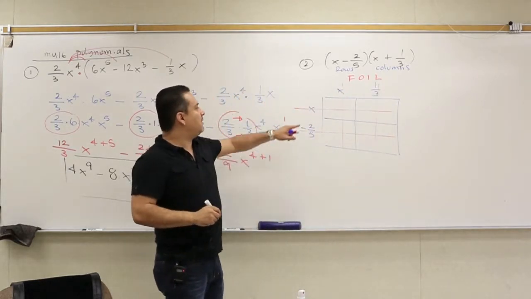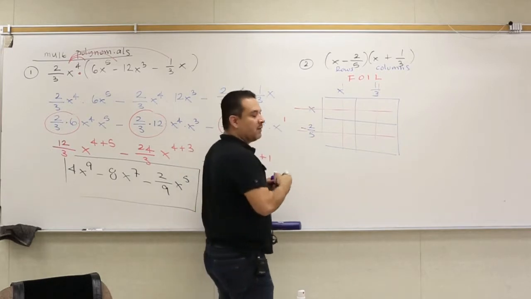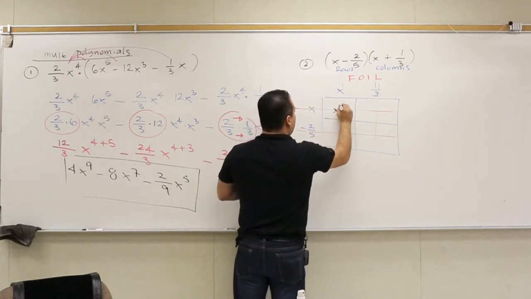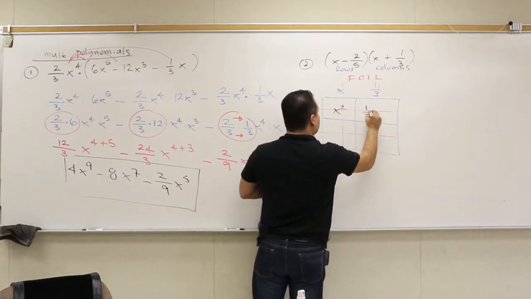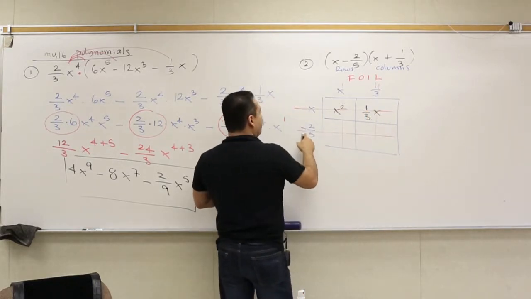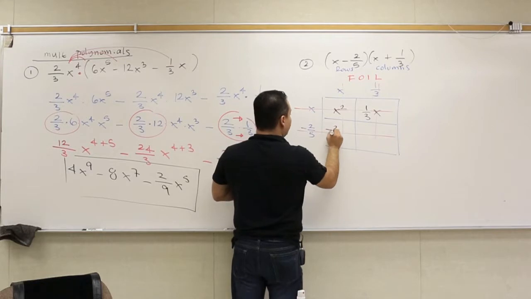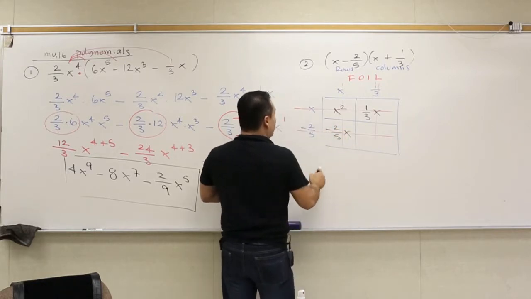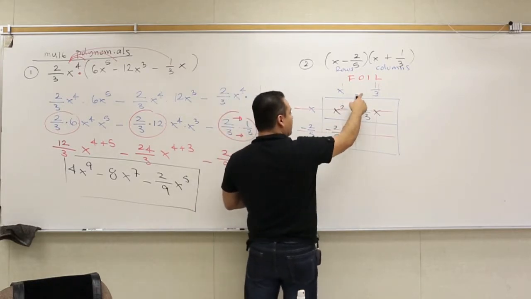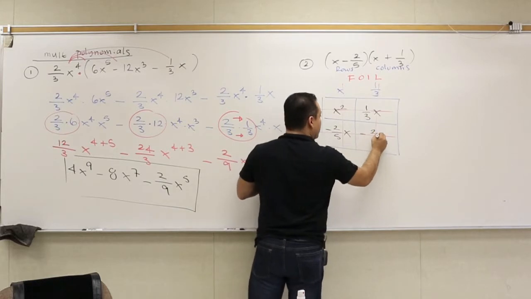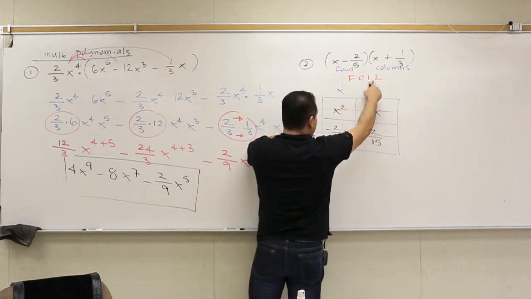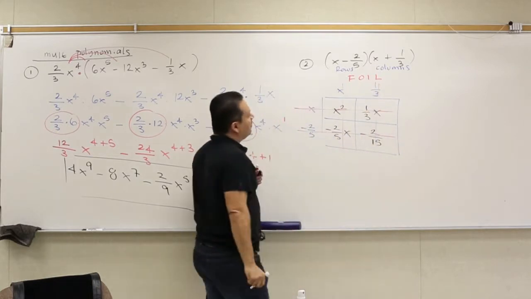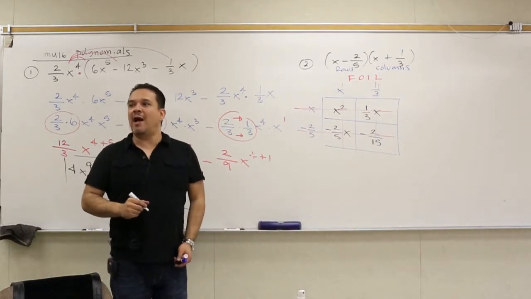Okay, here we go. What's x times x then? Is that x squared? What's x times 1/3? 1/3 x. What's negative 2/5 times x? Negative 2/5 x. What's negative 2/5 times 1/3? Is that negative 2 over what? 15? Because you multiply the 2 with the 1, 5 with the 3. Okay, you guys okay with that?